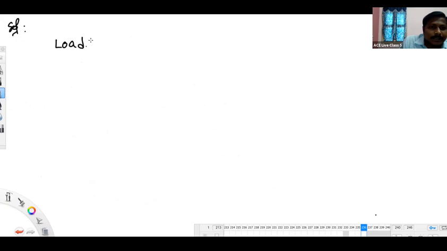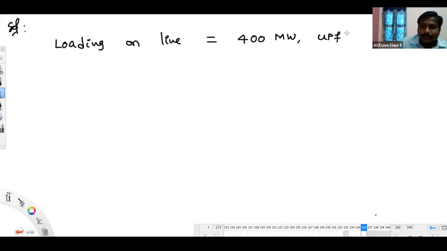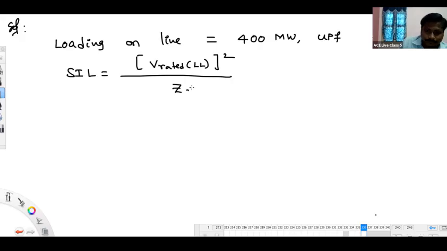Loading on the transmission line is equal to 400 megawatts, given at UPF. Surge impedance loading is equal to rated line to line voltage squared by surge impedance.